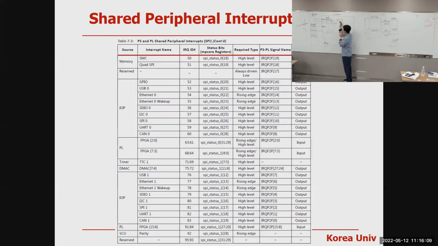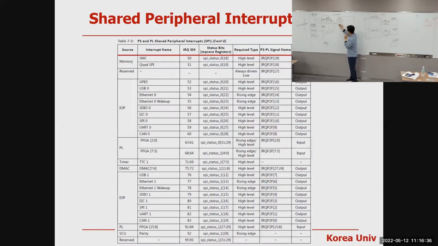The GIC assigned an 8-bit register for specifying the priority of each interrupt source. So for number 0, for example, you can say, I want to assign priority 5 for this interrupt line, number 0.